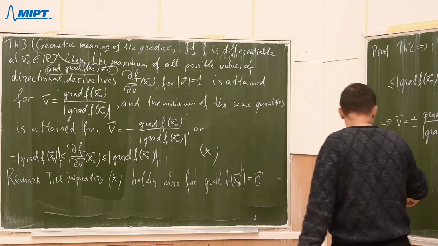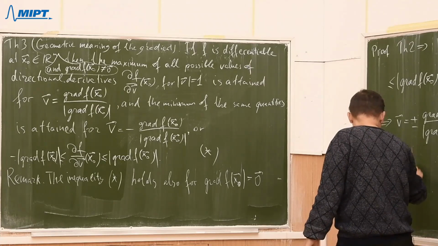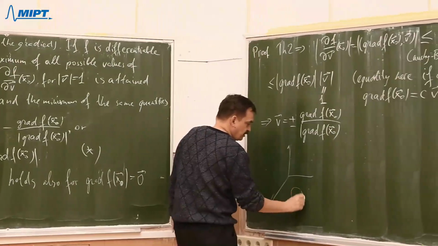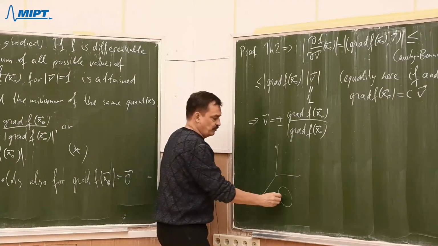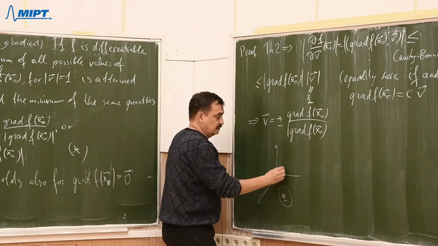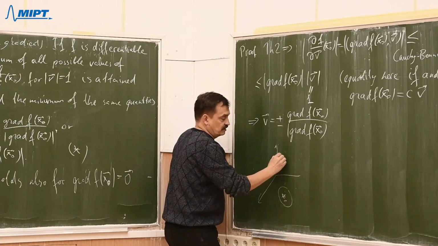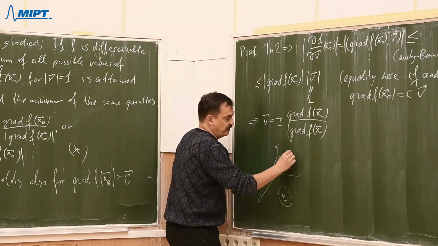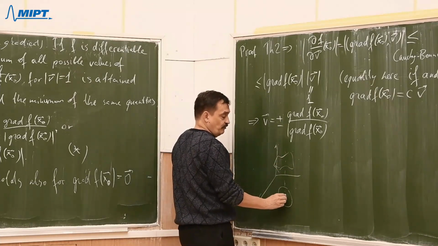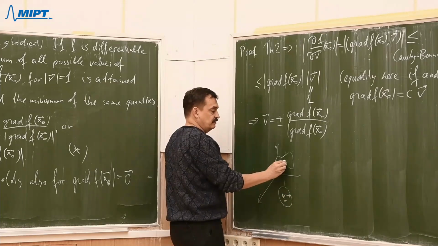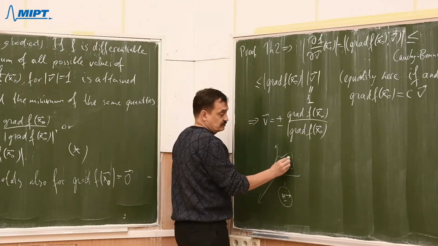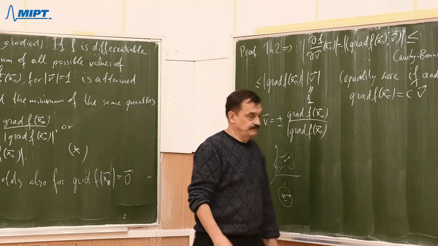Our function is defined somewhere in the neighborhood of our point x0, and here is the graph of our function, and you see when we move in a direction, then values change somehow, right?